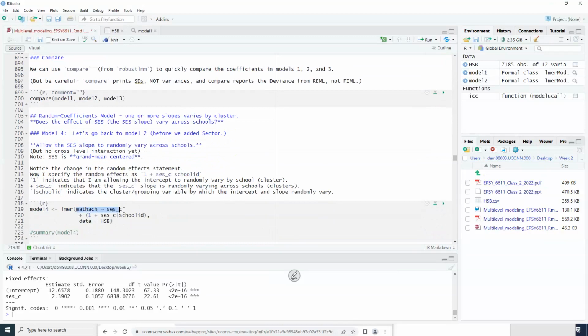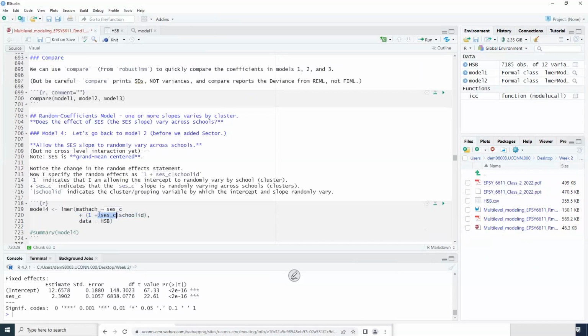So notice what's different here. The fixed effects part of the model looks just like it did in model 2: math achievement tilde SESC. So SES is a predictor of math achievement. But what's different here is that now I'm saying I want a randomly varying intercept and I want to allow the SES slope to randomly vary.